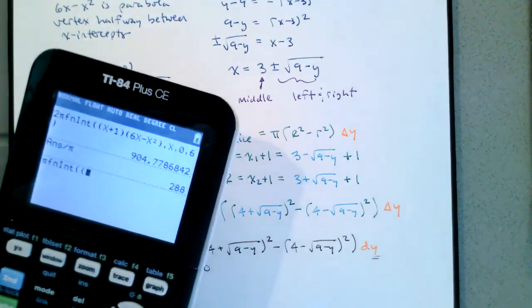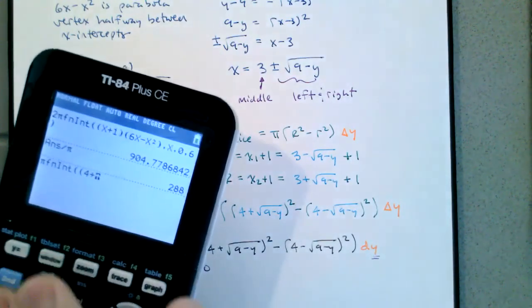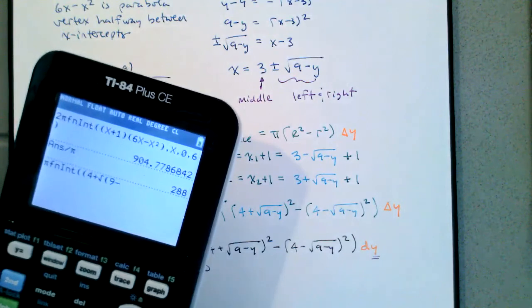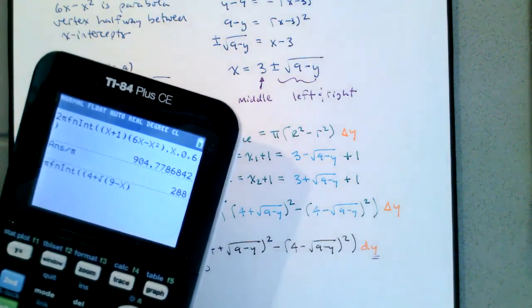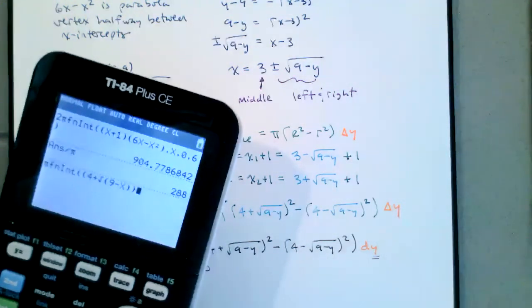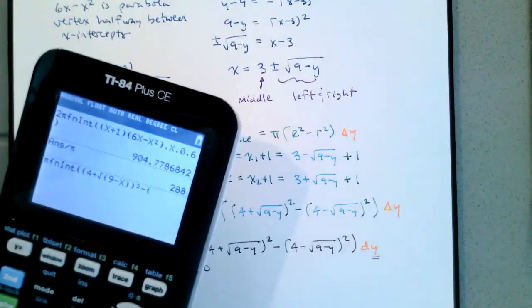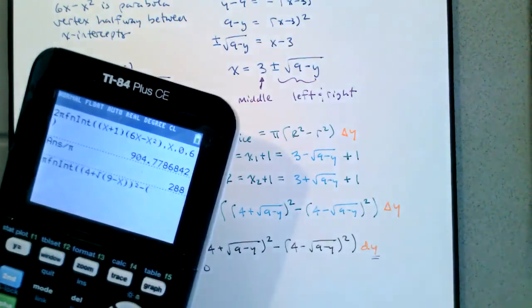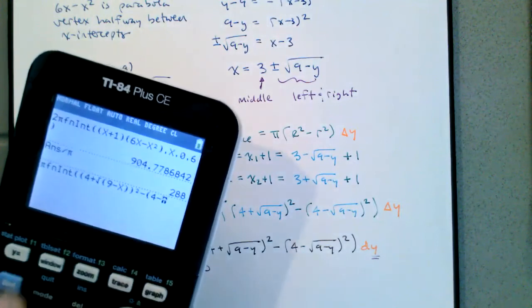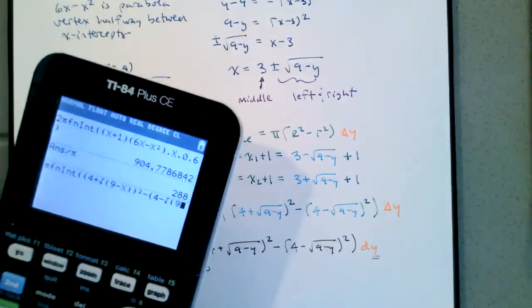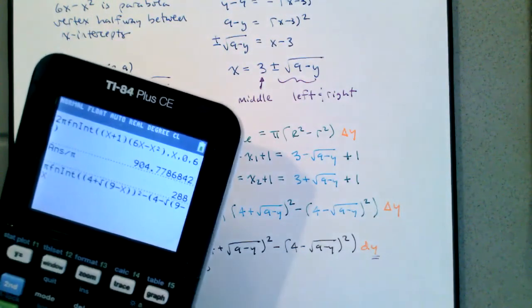So I need 4 plus the square root of 9 minus y. Close the square root, close the sum and square it, and then subtract the next square. 4 minus the square root of 9 minus y.